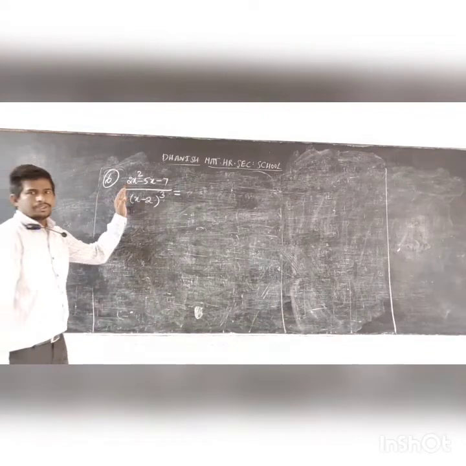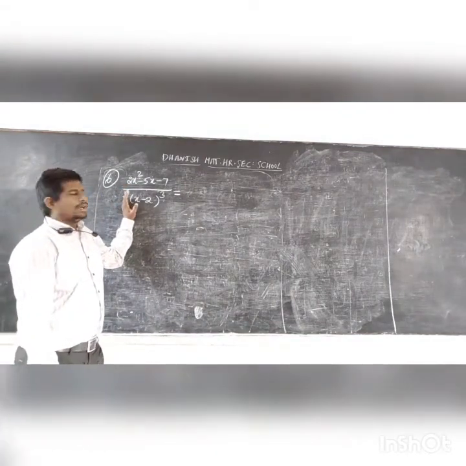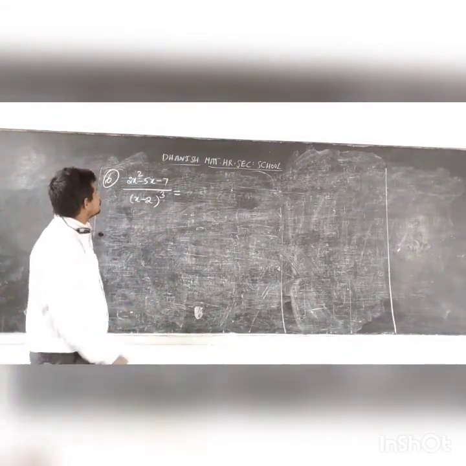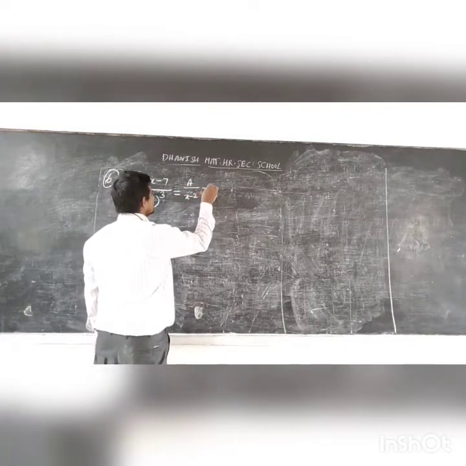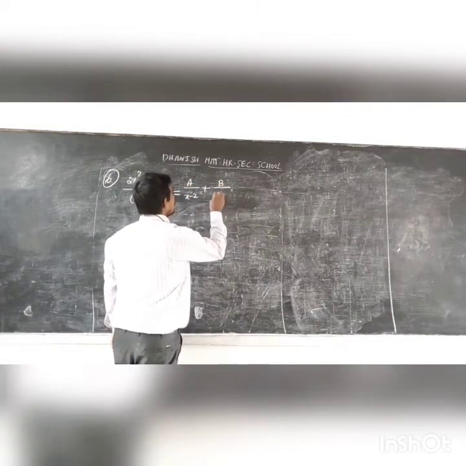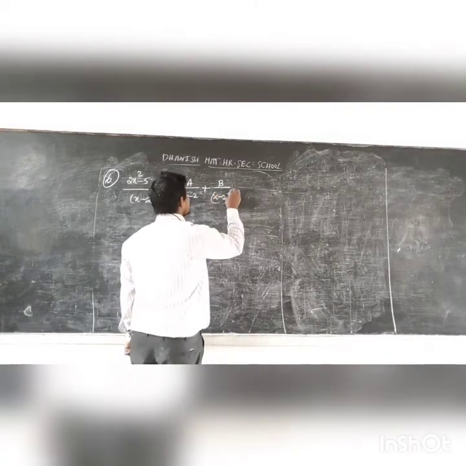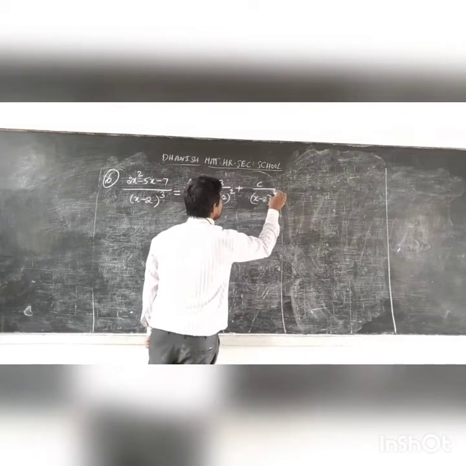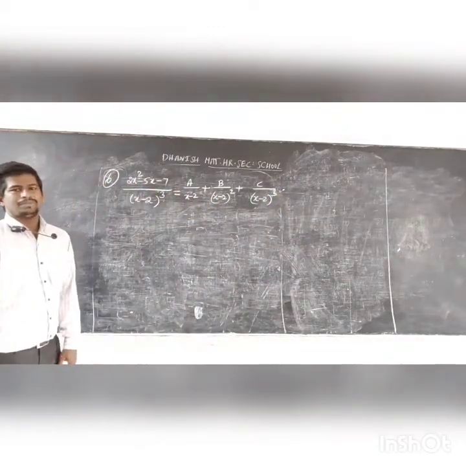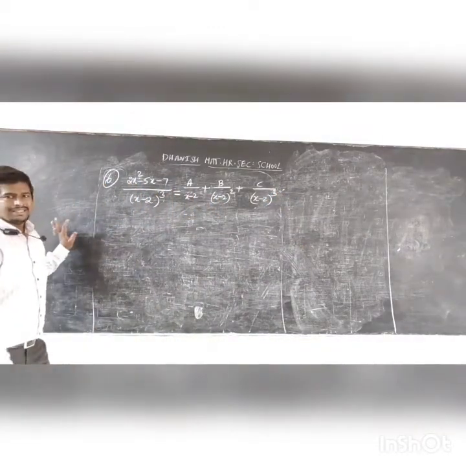This expression can be expressed as a by x minus 2 plus b by x minus 2 whole square plus c by x minus 2 whole power 3, based on type 2. This sum is based on type 2.